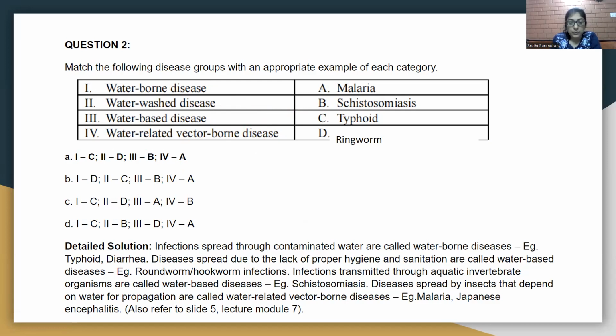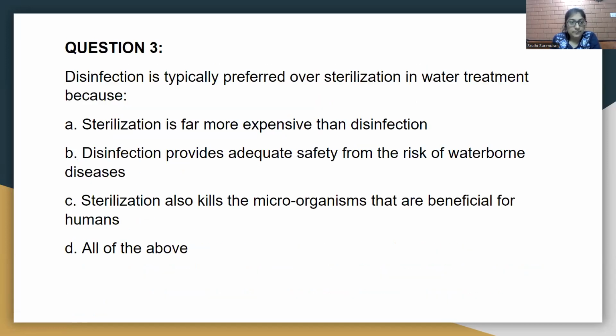So moving on to the third question. Disinfection is typically preferred over sterilization in water treatment because of, what are the reasons why disinfection is preferred over sterilization?